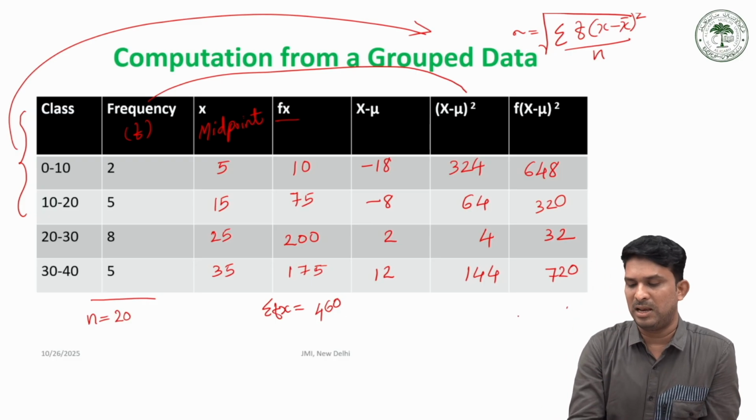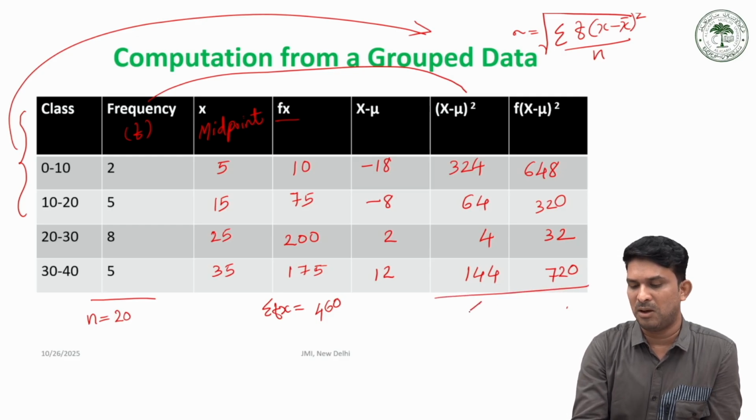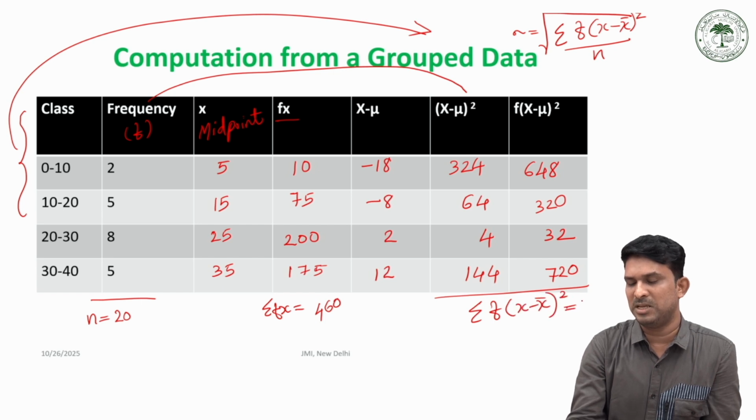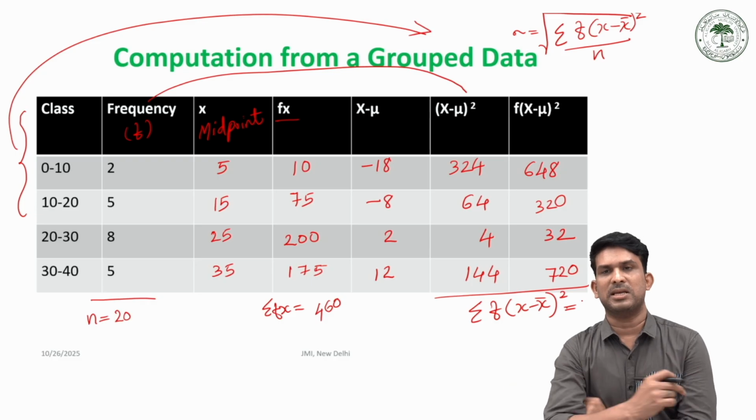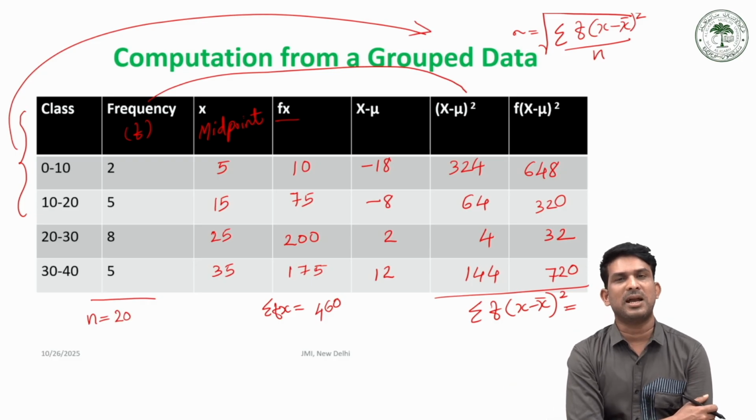Here I'll get the value of sigma f into (x minus x bar) the whole square, the complete value given as the numerator inside the square root.